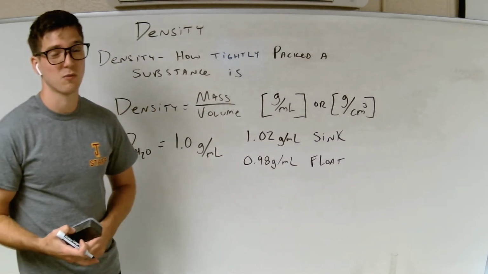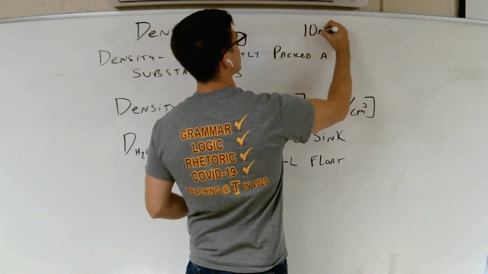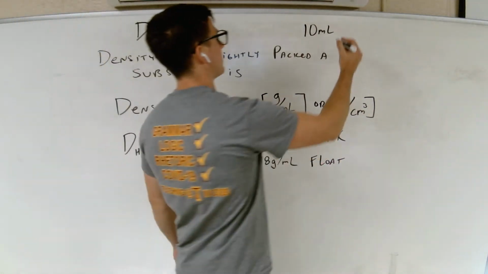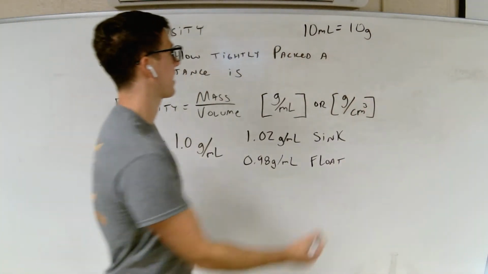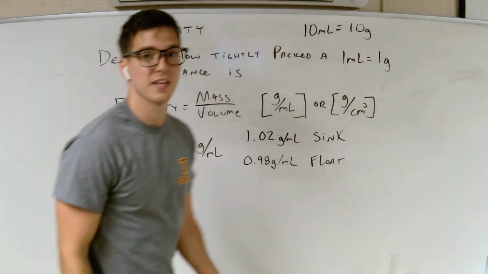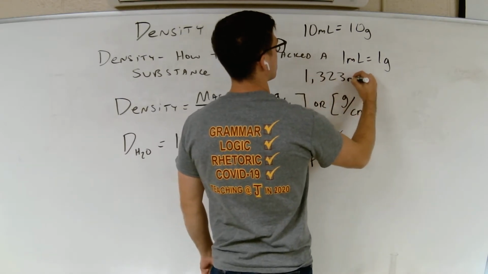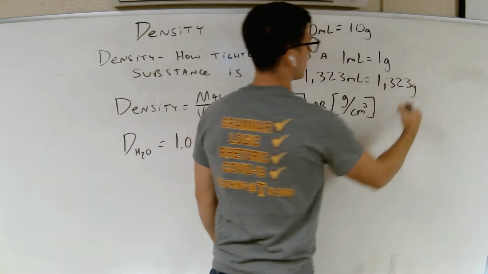So since the density of water is 1 gram per milliliter, if I have 10 milliliters of water, guess how much it weighs? It weighs 10 grams. Okay? If I have 1 milliliter of water, it'll equal 1 gram. If I have 1,323 milliliters of water, it'll equal 1,323 grams.